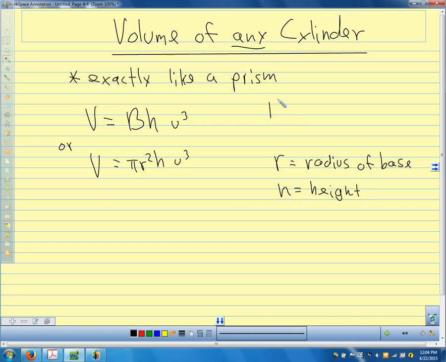And we can say B equals area of base, which is a circle. So it's the exact same formula as a prism. But our base for a cylinder is always a circle, so we just have to find the area of a circle.